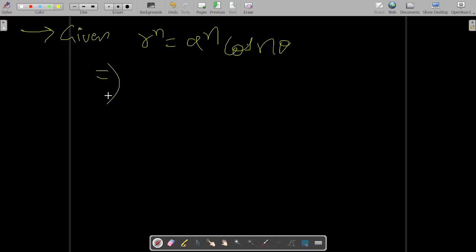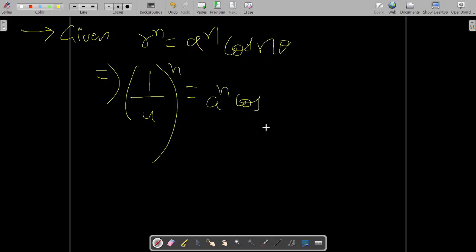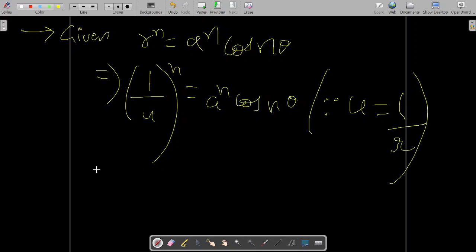That implies r equal to 1 by u, so (1 by u) to the power n equals a to the power n cos n theta, because u is equal to 1 by r, as already told to you.